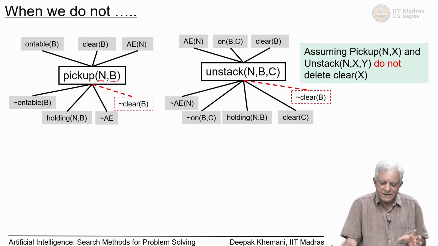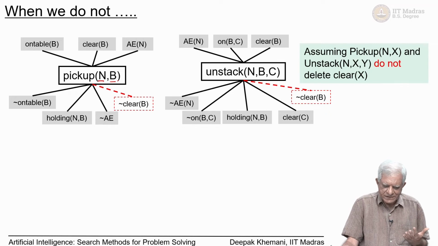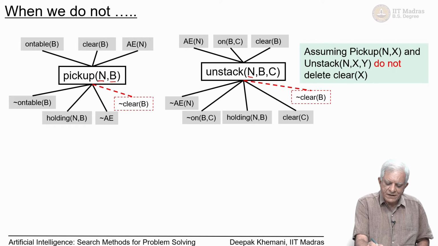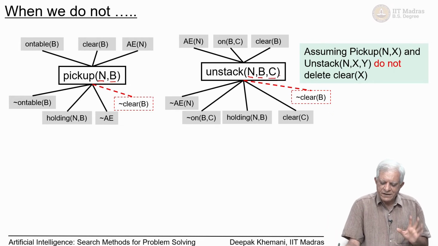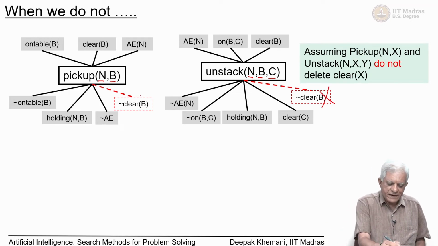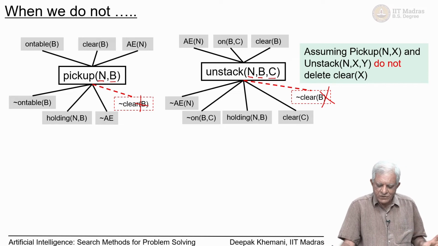So, which means after pickup also B continues to be clear, clear B continues to be true essentially, whether it is pickup or whether it is unstack, it does not matter. N is the arm, and here you are unstacking B from C essentially, and you are saying that this is not the case, we are not doing this, and therefore, B continues to be clear in both these cases.